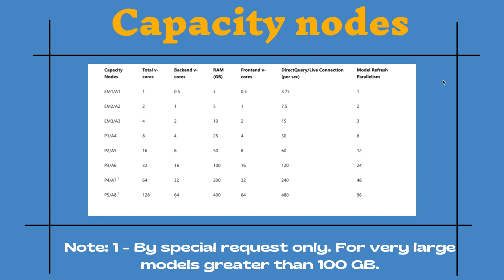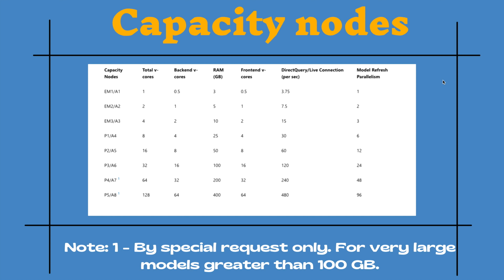Overall, you will get 128 vCores in P5 or A8, and then out of that you can assign the amount you want for a particular workspace or a particular node. I'm not going to explain how to do that right now, but there are a couple of videos online. If you want to watch, you can watch. Otherwise I can create another video on that if you request me. So this is how it's going to work.